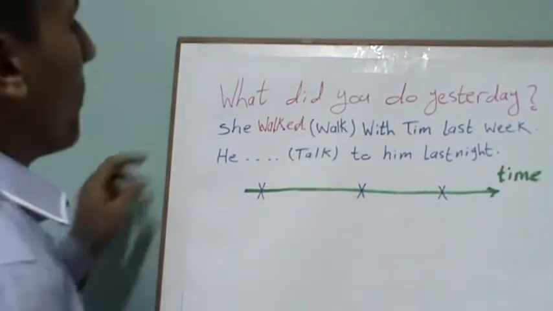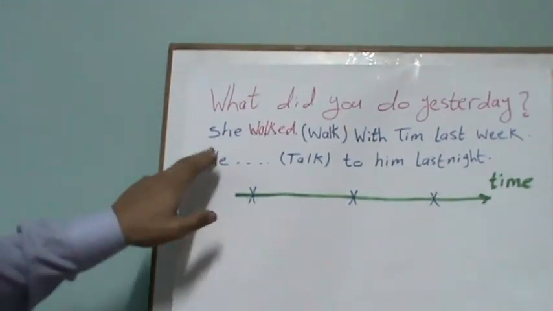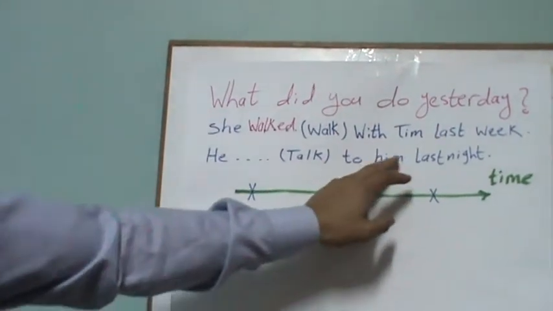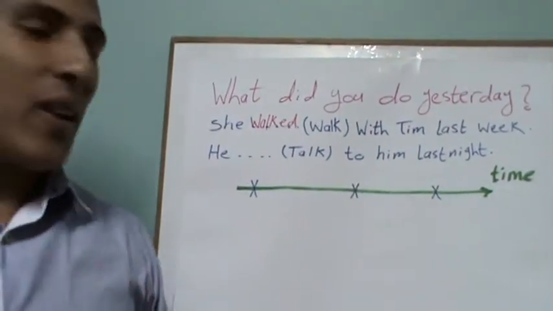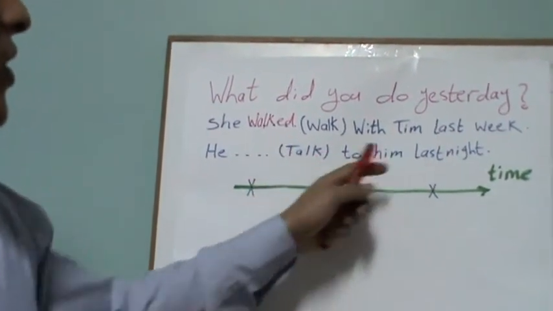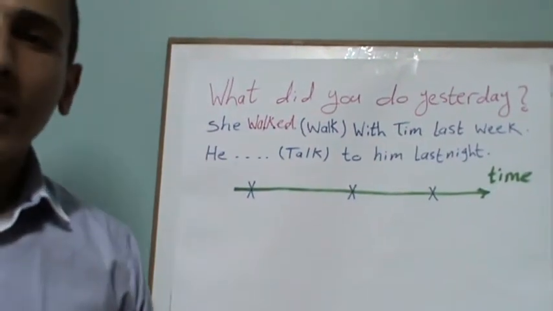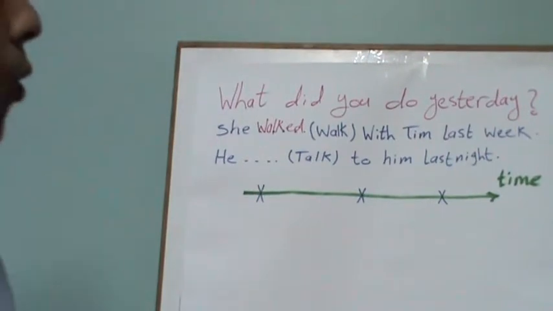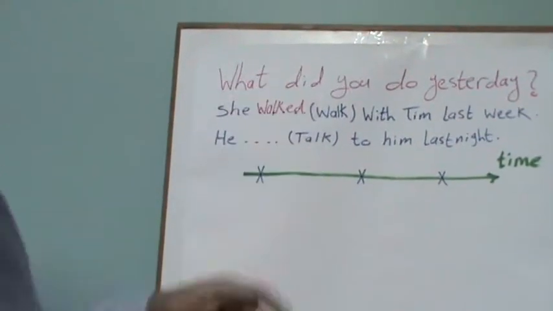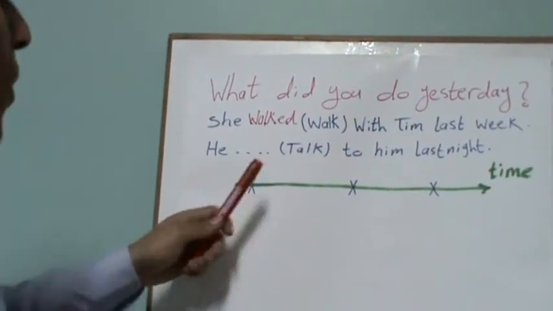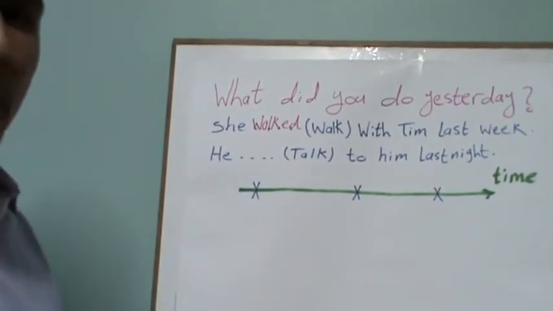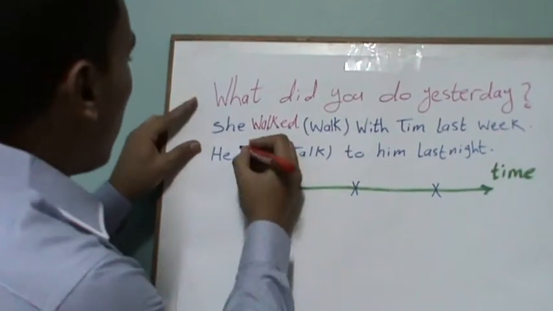Great. For our second example, we have: he talked to him last night. Again, what do you see here in our sentence? Last night, yeah, and it's a keyword. So this sentence is in past simple again. How will talk be in past simple? Okay, it will be talked.